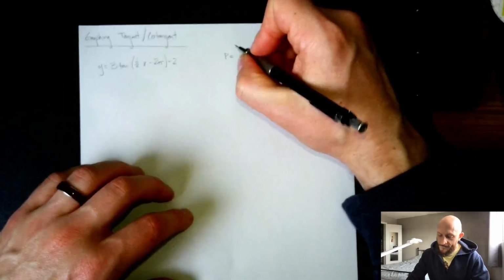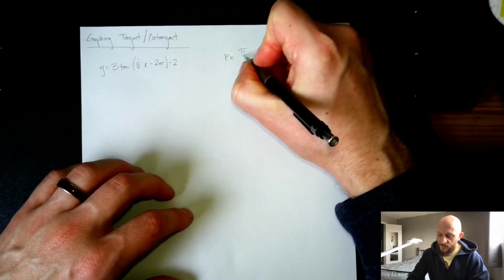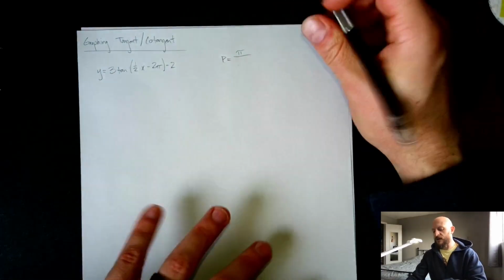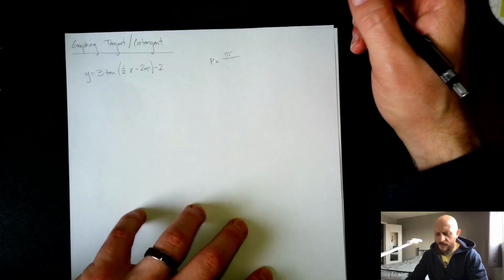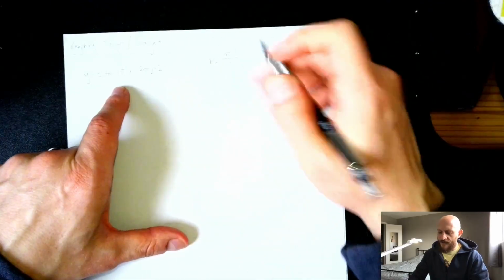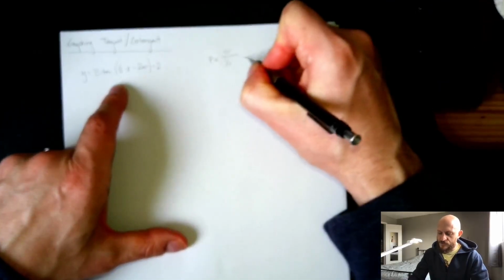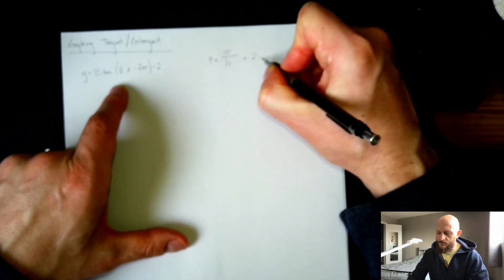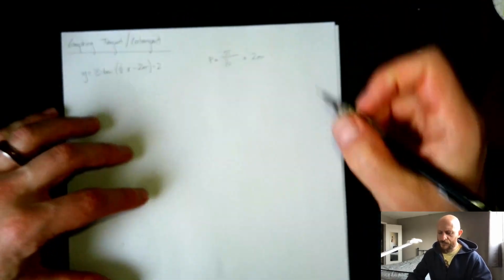Compared to the other four functions where the period is 2 pi over b, tangent and cotangent is just pi over b. So pi over 1/2, which is actually just 2 pi. So the period is 2 pi.